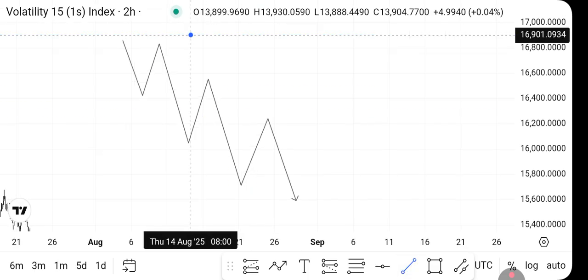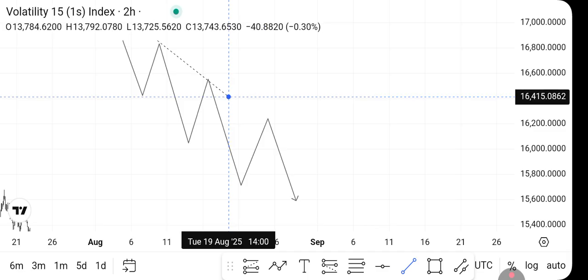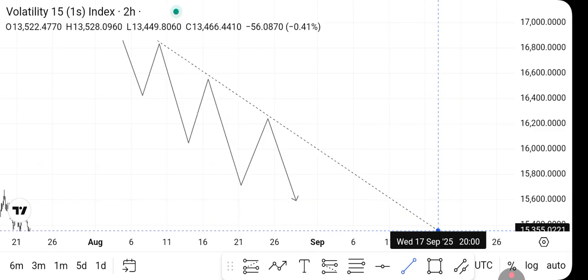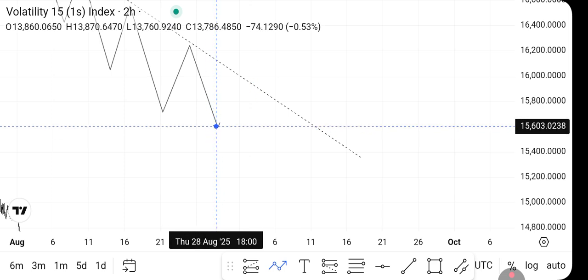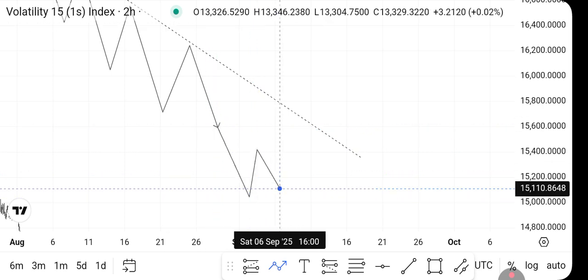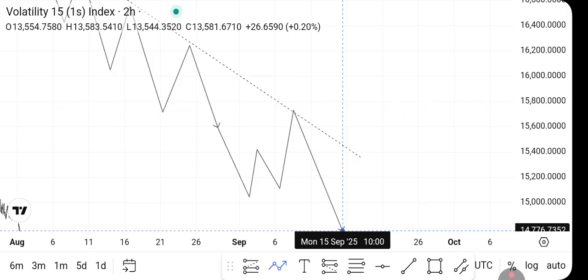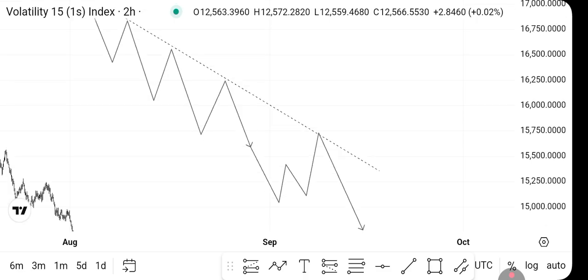Make sure that the first two are actually connected, right? And then you extend it. Wherever the market is going to go in the future, it should probably come back there and start moving again. That's how you know that the market is trending down using trend lines.